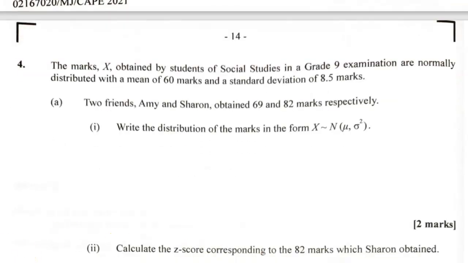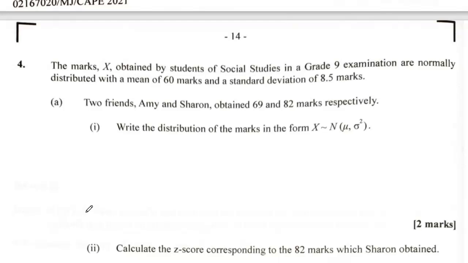Question 4. The marks X obtained by students of social studies in a grade 9 exam are normally distributed with mean 60 and standard deviation 8.5. Two friends, Amy and Sharon, obtained 69 and 82 marks respectively.